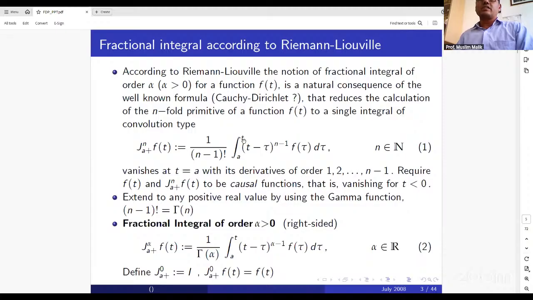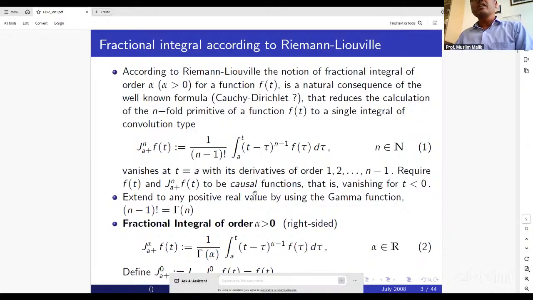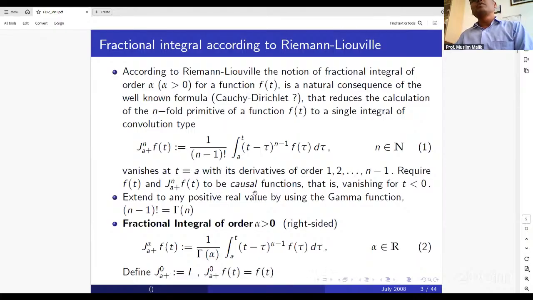Also, this fractional integral we will see in the coming lecture, in the coming slide, is also a global operator. So the fractional derivative is also a global operator due to the existence of this integral operator. So that is also very useful in the study of problems with memory and elasticity problems.